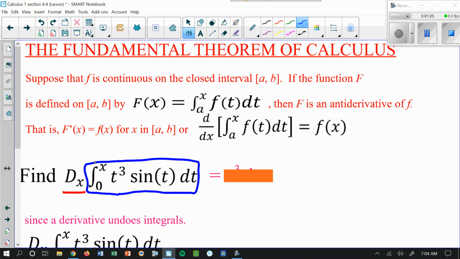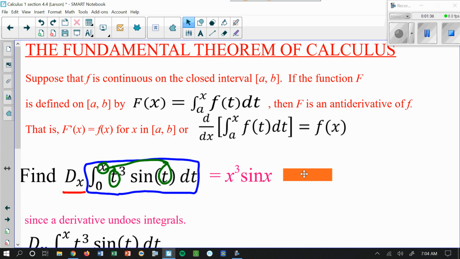So for the most part, all we have to do is take this, plug it in for our variable here and for our variable here, and we would just get this. That's really what it's saying.